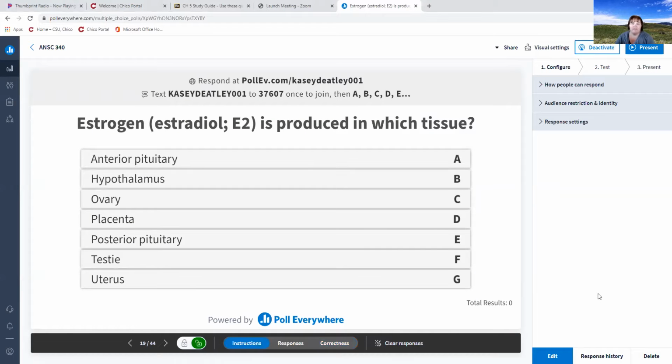Okay, there we go. Estradiol, or estrogen, also abbreviated as E2, is produced in which tissue?